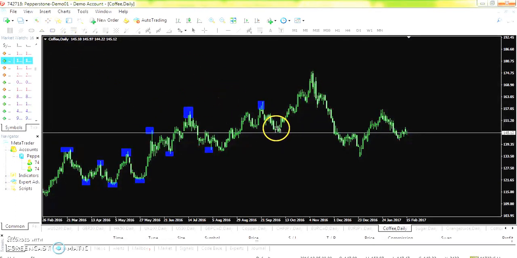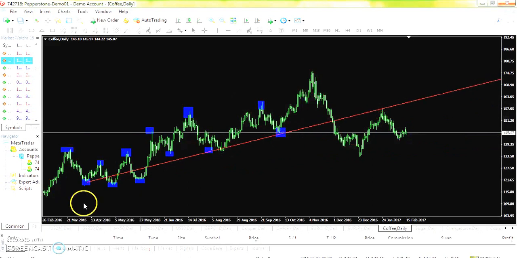This is the point, this is the higher low, right? As you can see, from this period to this period, the market is in a buying mood, right? But it has stair steps, right? Like this one, the zigzag, a stair step. You're getting the point? These are the stair steps.